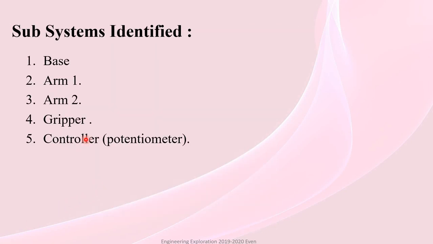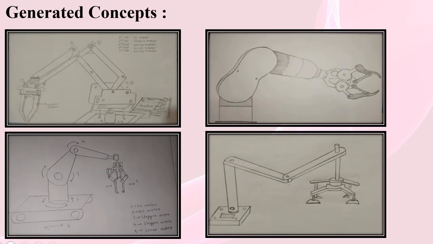Coming to the next point, here are the subsystems identified for our project: base, arm 1, arm 2, gripper and a controller. Here are some of the generated concepts for our project. In the first picture, this robotic arm is made up of an acrylic body with 5 degrees of freedom.